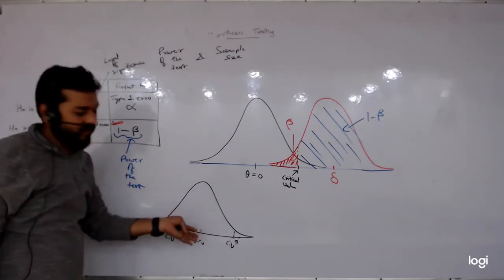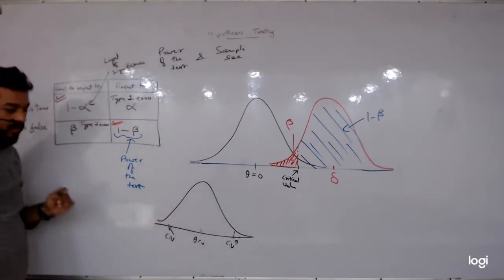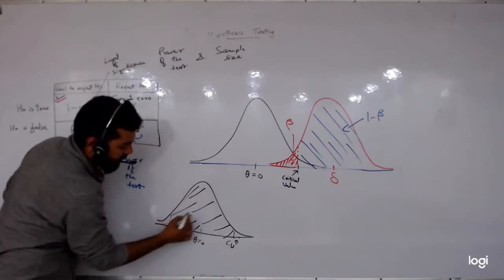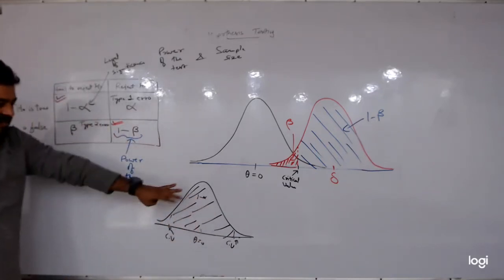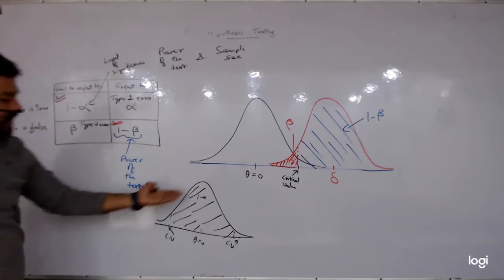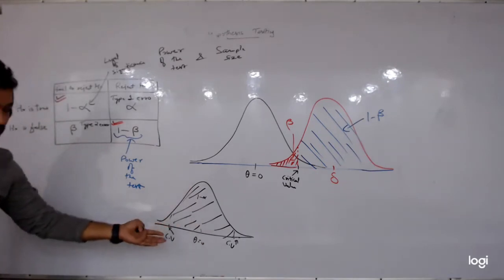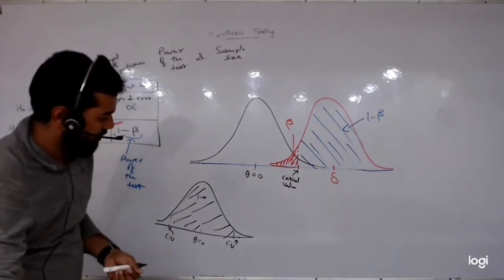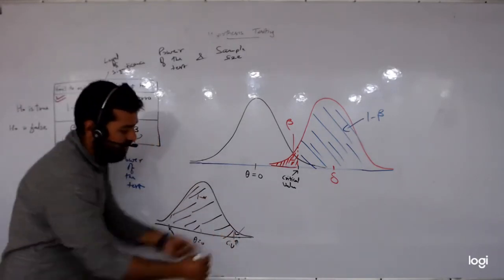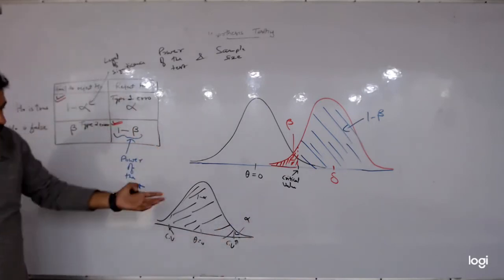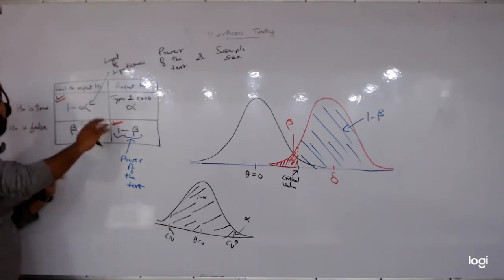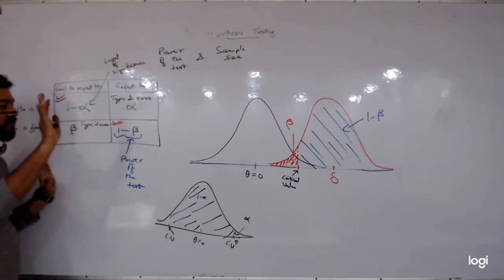Although this is true, just by chance you get there. So you can be sure this area is 1 minus alpha. That is the probability 1 minus alpha that you're going to fail to reject it when it's true. But again, now I'm not going to use red, I'm just going to say it. This small area alpha is the probability that you're going to end up rejecting a true hypothesis, type 1 error.